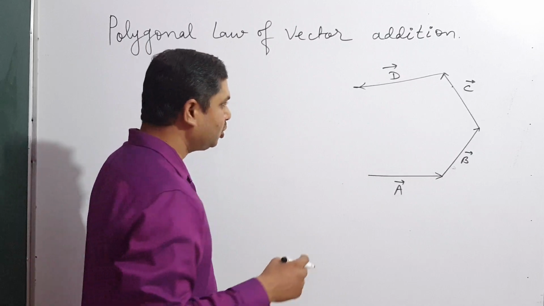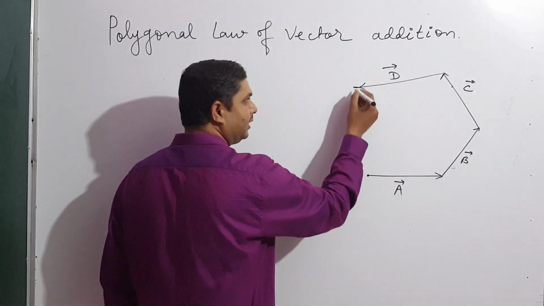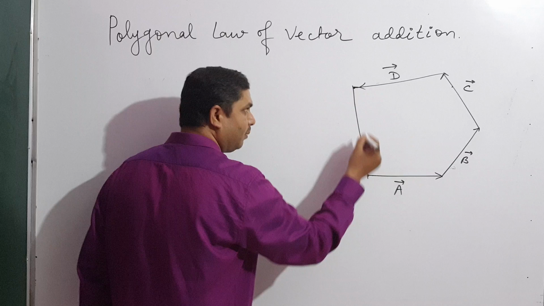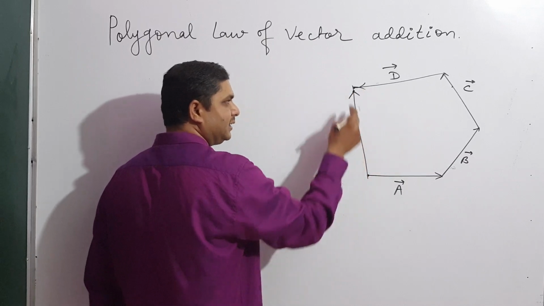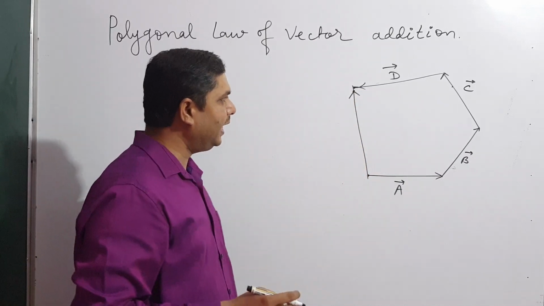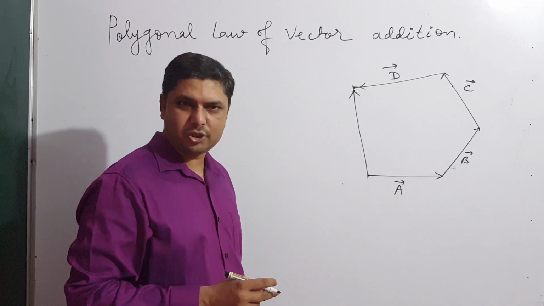After that, join the initial point and the final point in opposite sense. Then this gives you the resultant's magnitude and direction.